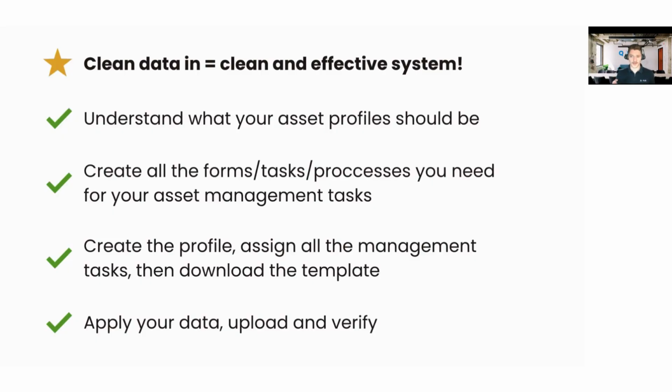The next thing you want to do is for each of those profiles, think about the activities that you want to do for those assets. So this is before uploading any of the assets to the system. The best way to do this is to think about your profiles. So it could be, let's say, as we've talked about gauges, you just need to do a 3-monthly quick check by the shop floor that the gauge is working properly and there's no signs of damage.